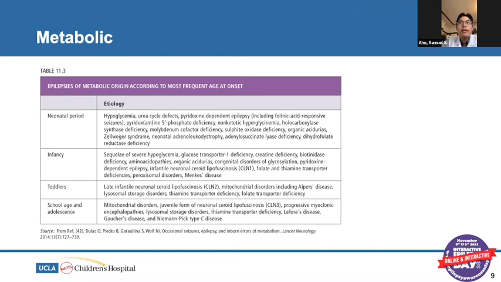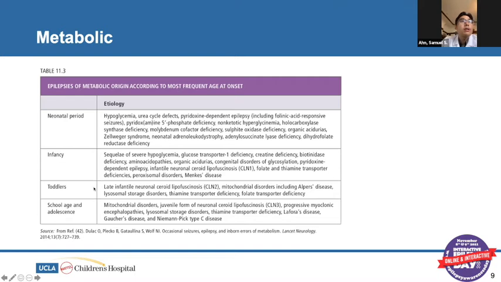Just to highlight a couple of the metabolic disorders, when I talk about understanding a cause of epilepsy and this informing our treatment, very specific targeted therapies for certain syndromes or causes for epilepsy may actually treat or cure an epilepsy.